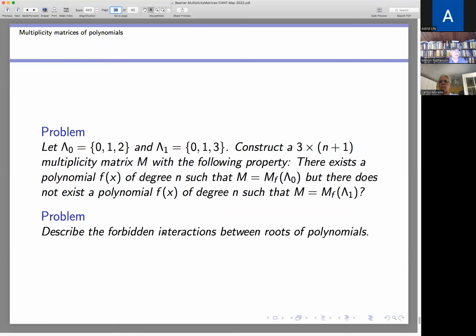And more generally, the way I think of this problem is you have a polynomial and we want to try to describe or discuss what you might call the forbidden interactions between the roots of the polynomial.